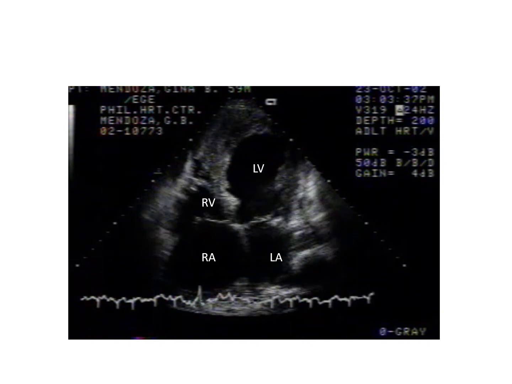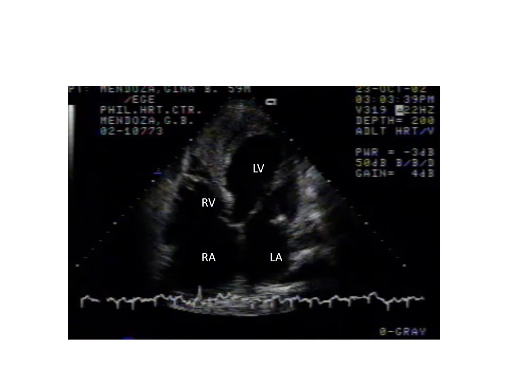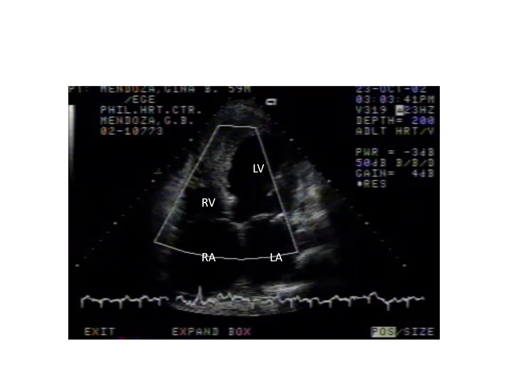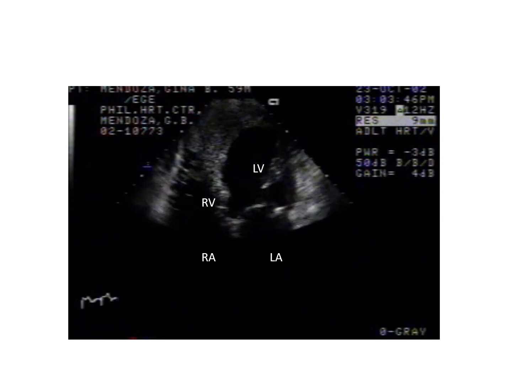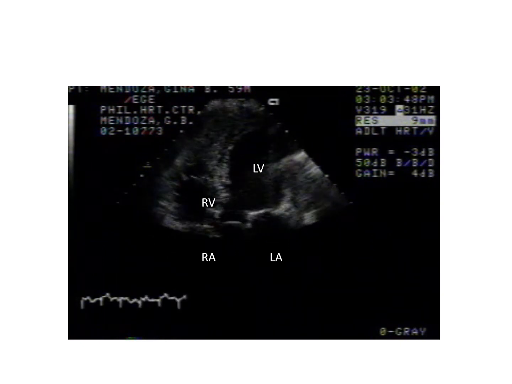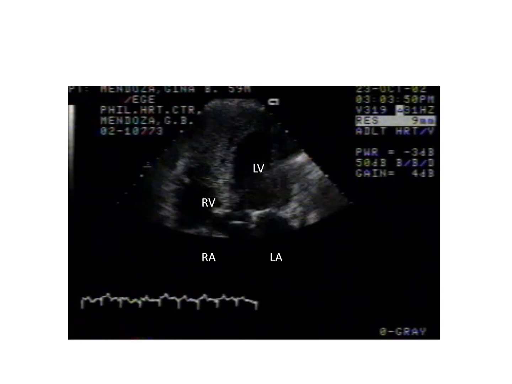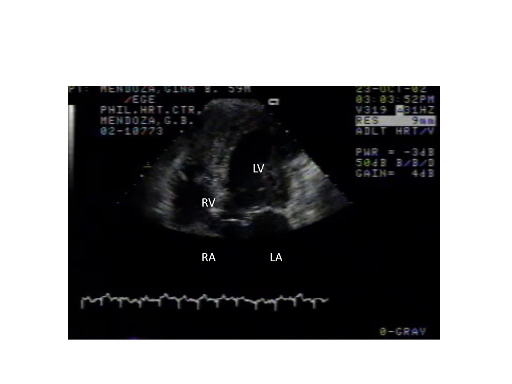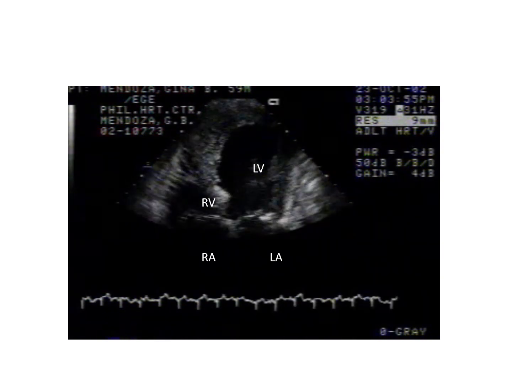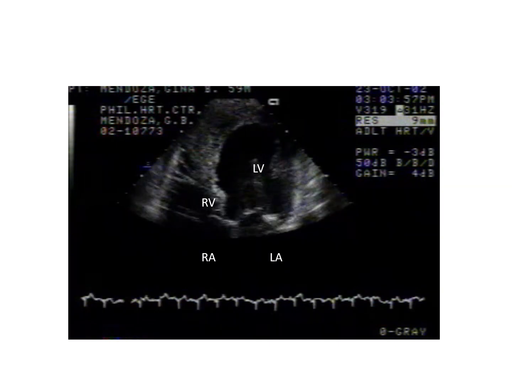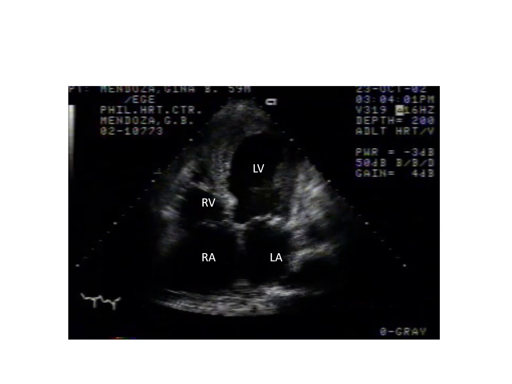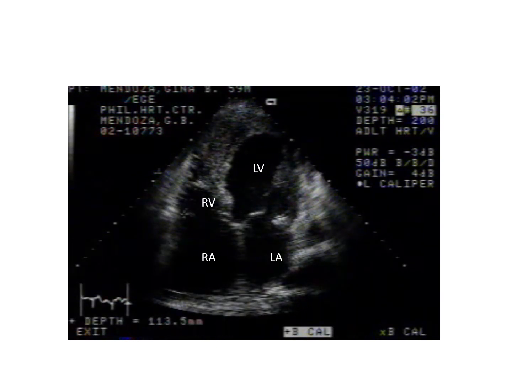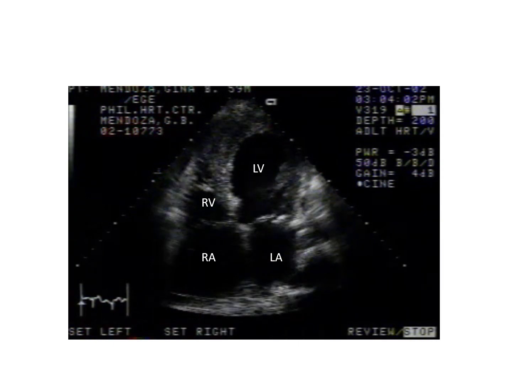So I hope you'll be able to see this image here. If you look at the left ventricle, the left ventricular apex is rounded. A 2D echo image in adults, by the way, is inverted. The apex is upward, while the left atrium or the base of the heart is on the lower part. So the apex is on top.